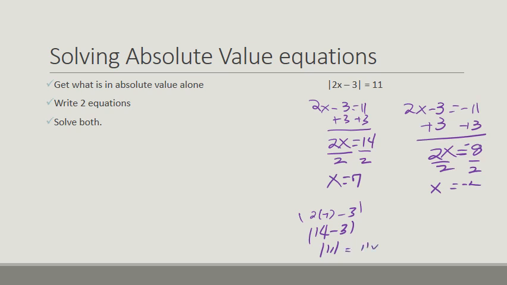If you check the second one, the absolute value of 2 times negative 4 minus 3: 2 times negative 4 is negative 8. Negative 8 minus 3 is negative 11, and the absolute value of that is positive 11. So you can see that both of those solutions work.